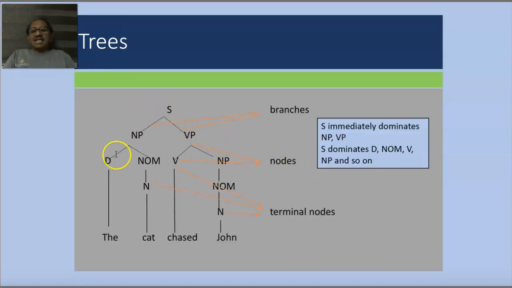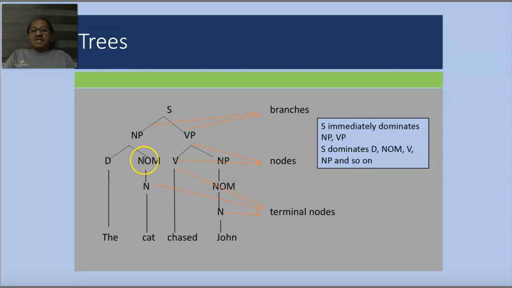If you look at this structure, this tree is well formed because S consists of local subtrees, and each one is well formed. How are they well formed? You have a lexical item, the D, cat N, chased V, John N. You have local subtrees, and also they satisfy rules.